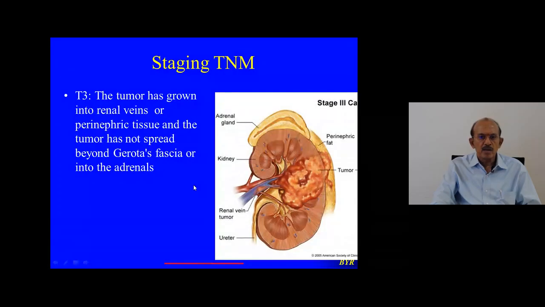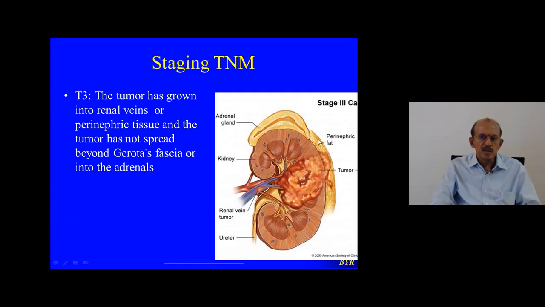T3, the tumor has grown either into the renal vein or into perinephric tissues, and the tumor has not spread beyond Gerota's fascia or into the adrenals. The fascial capsule of the kidney is called Gerota's fascia.